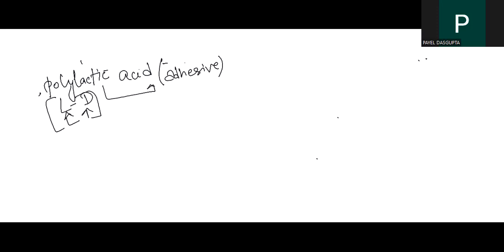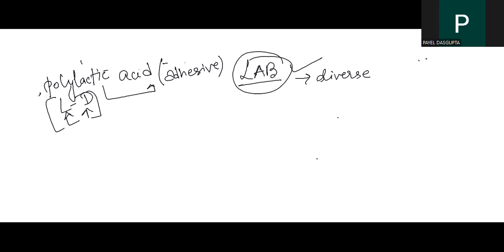Now, what we will talk about is the LAB characteristics. Lactic acid bacteria is also called LAB. What are the characteristics? It is diverse in nature. You will be getting it in diverse places. That means we can try and find it; it is not scarce. Okay.